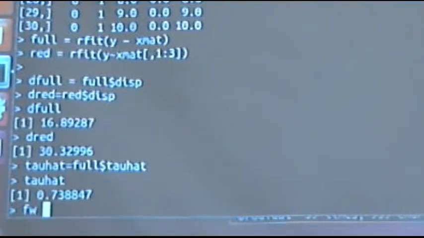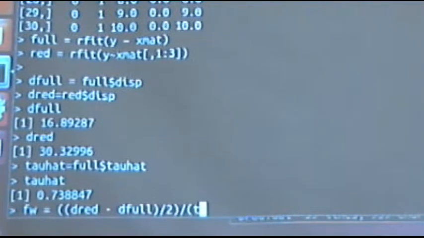It's called W for Wilcox, and it's just the full divided by 2, right? 2 constraints. And divide that by tau hat 2.